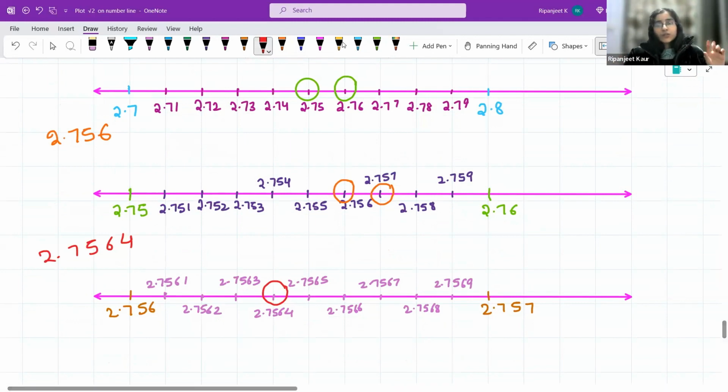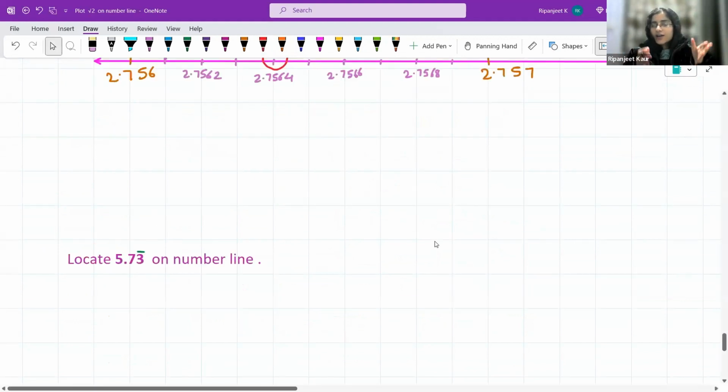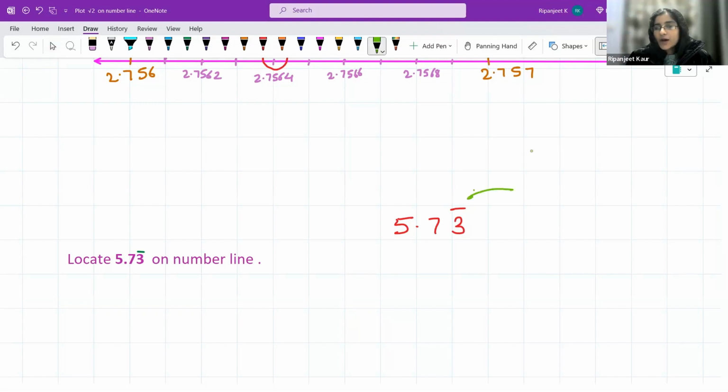Okay, so after this, what do you think? Can you locate 5.73 with a bar over it? Have you ever seen this? Well, this thing is called a bar. What does this bar mean?